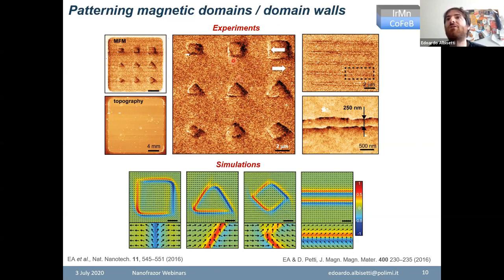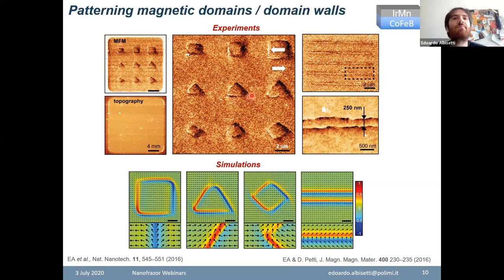If you heard about racetrack memories, for example, there are recent proposals of a spintronic device for actually storing magnetic information. The magnetic information in that device is actually stored in the domain walls.